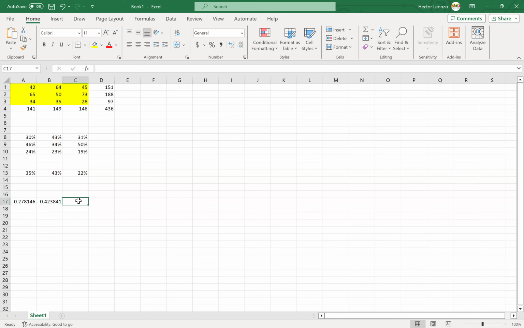And then on my third value, 45 divided by 151. It gives it to me as a decimal. I can always multiply by 100, round it to the nearest whole number, or I'm just going to ask Excel to do it. So it gives me my percentages to be 28, 42, and 30. Okay, so let me come back to my table here.